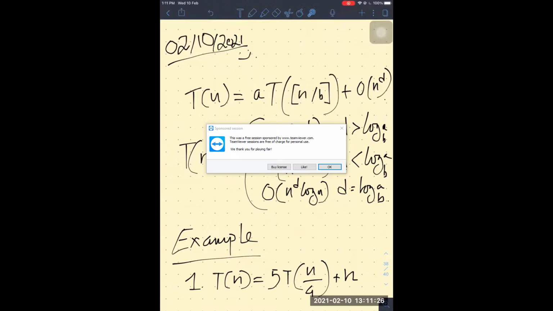So if d is greater than log of a base b, then it will be big O of n to the power d. And if d is less than log of a base b, then it will be big O of n to the power log a base b. And if they are equal, then it will be big O of n to the power d log n. So is it clear? Kind of, yeah.